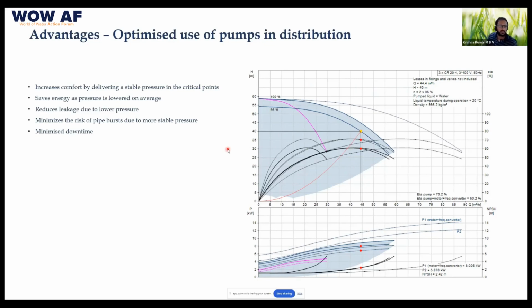Okay, and minimize the risk of, of course, as I explained, minimize the risk of pipe burst, and minimize downtime. How? See now, in this case, you will be having a pipe burst. Say for example, you have a pipe burst, and then in normal cases, you never know where in the network you actually have a pipe burst.